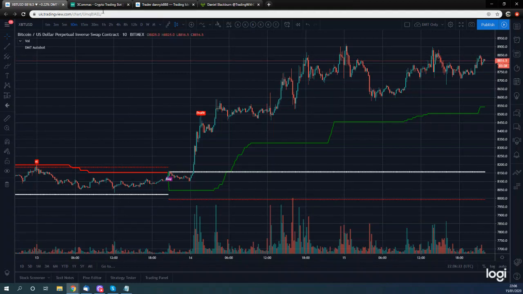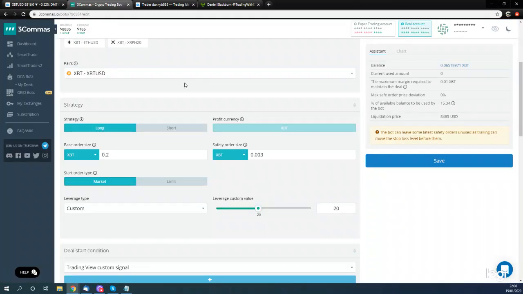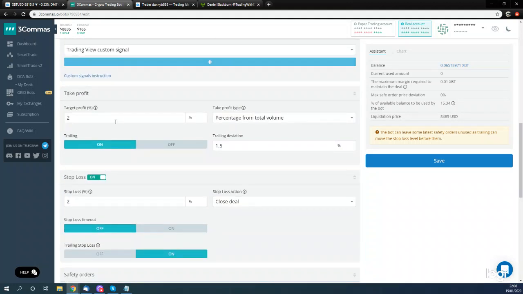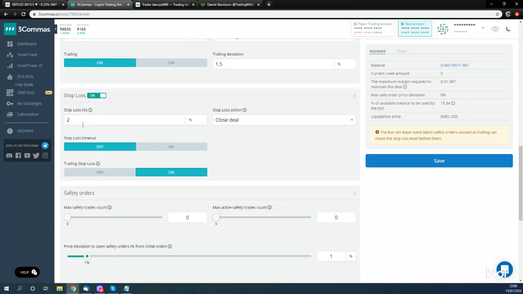So first off, we're going to just check what our 3Commas bot settings are, just so we're clear. We don't need to worry about the order size. The take profit target is 2%. The trailing deviation on the take profit is 1.5%, so we've obviously got the trailing on. Our stop loss is 2%, and we have our trailing stop loss on.